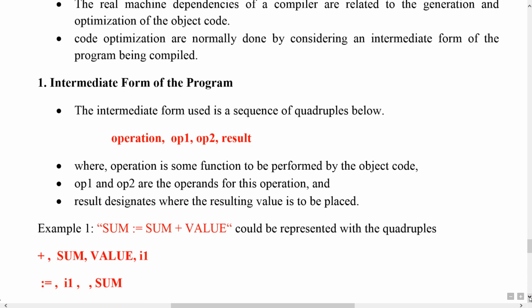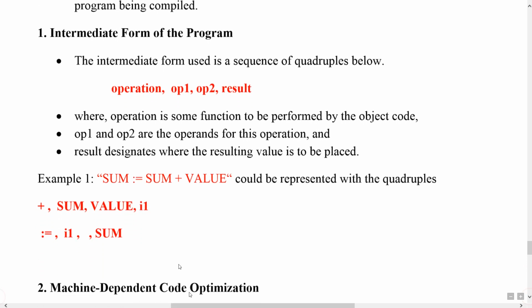A simple example: sum equal to sum plus value. First, sum plus value is evaluated. Sum and value are the operands, plus is the operator, and the result is stored in an intermediate, a temporary variable I1. Next, that I1 value is assigned to sum. So the assignment operator, colon equal to in Pascal, takes I1 with no other operand, and it is stored to sum.